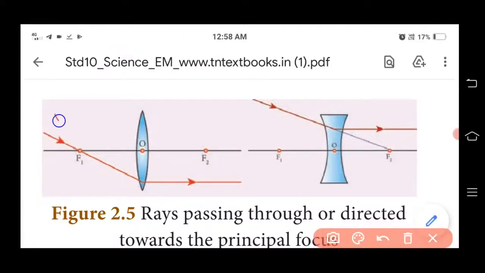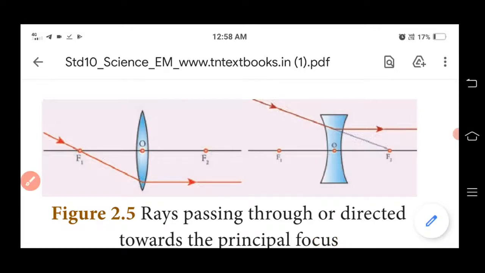See here, this F1 is the principal focus. So the refracted ray will be parallel to the principal axis. So this is the third rule.